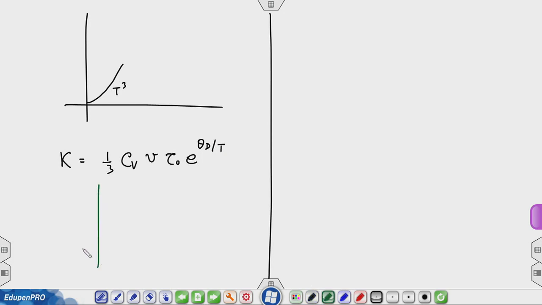Remember, how does C V go? C V versus T is this t cube and like this.